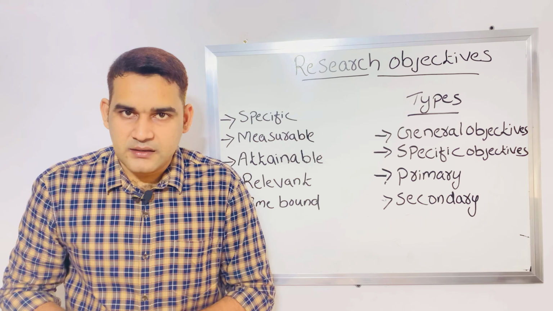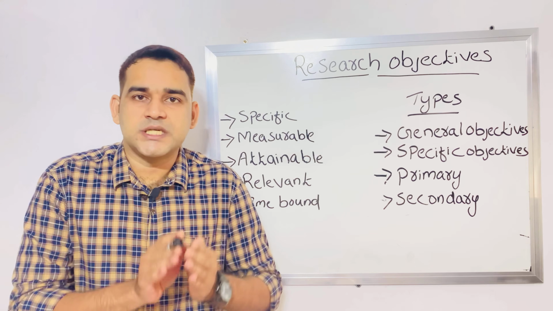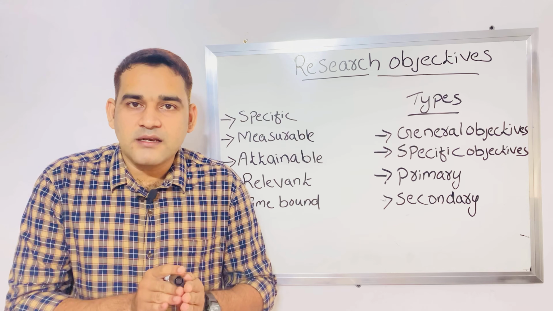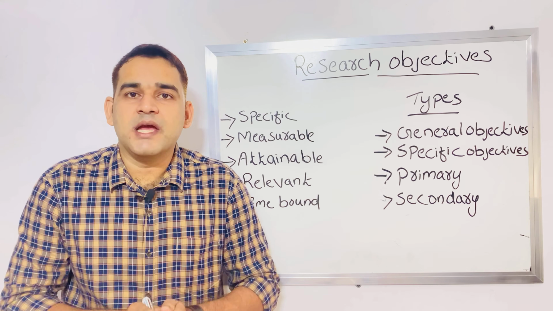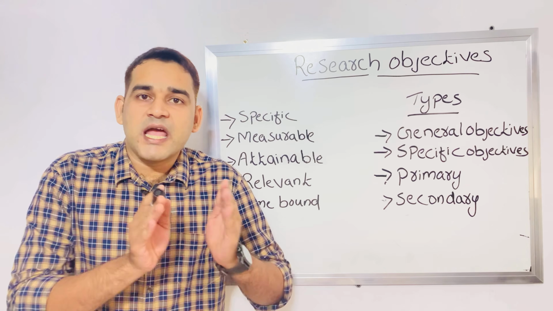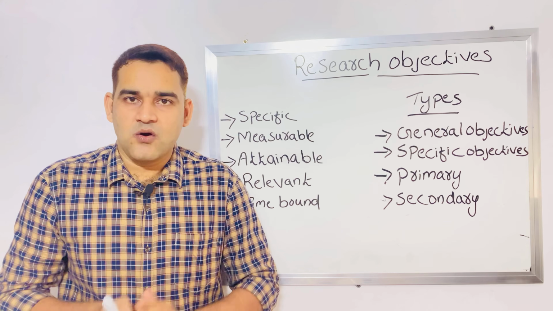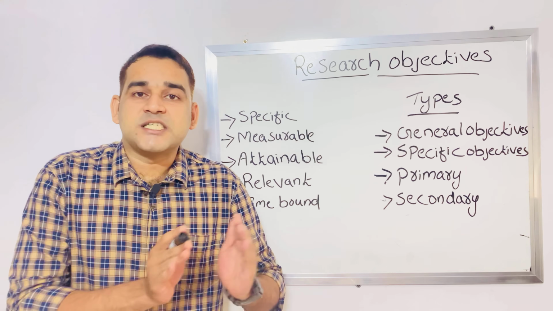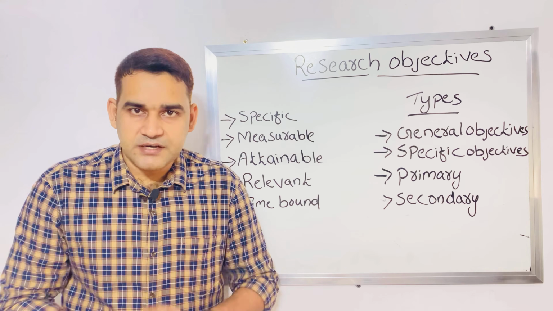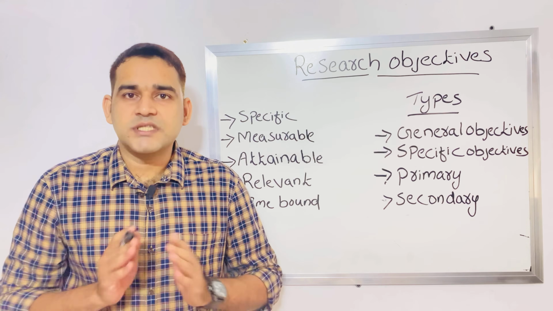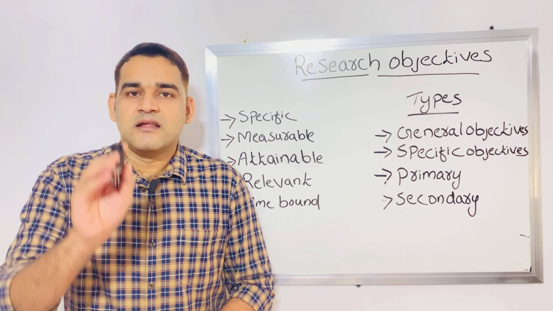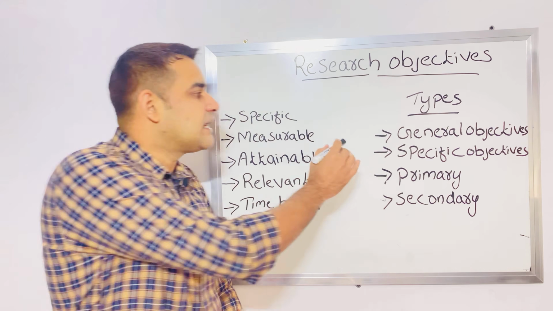So the specific objectives will be: at the end of the class, the student will be able to define COVID-19, enlist the types of COVID-19, enumerate the clinical features of COVID-19, and explain the treatment of COVID-19. Definition, types, clinical features and treatment will be there. So we are specifying what are the things coming under COVID-19, the general objective.